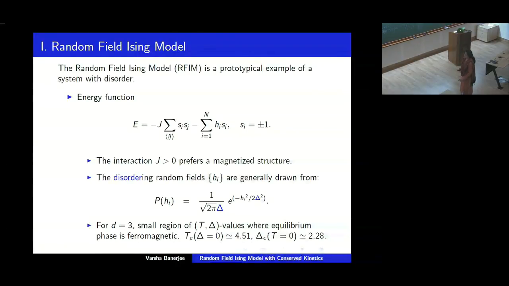But in d equal to 3, there's a small region of the T-delta plane where the equilibrium state is ferromagnetic. So you could have a transition from ferro to para in this case. When delta is equal to 0, Tc is something like 4.5. And when T is equal to 0, that is if you're on the disorder axis, delta_c is 2.28.